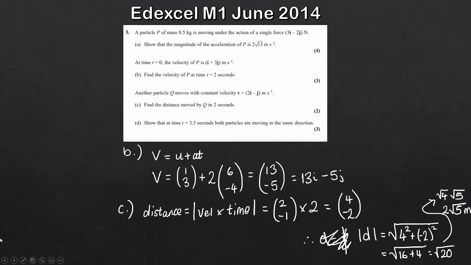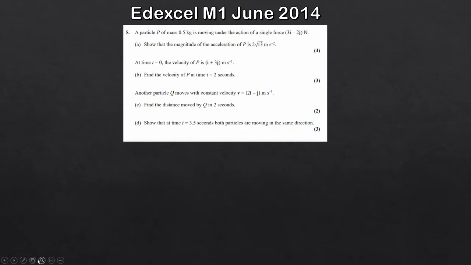And then for the very last one, part D, so quite a lot of marks this question overall. We want to show that at time t equals 3.5 seconds, both of the particles are moving in the same direction. So in this case, if they're moving in the same direction, what that means is that there'll be a multiple of each other. So let's just say we work out the velocity of P first.